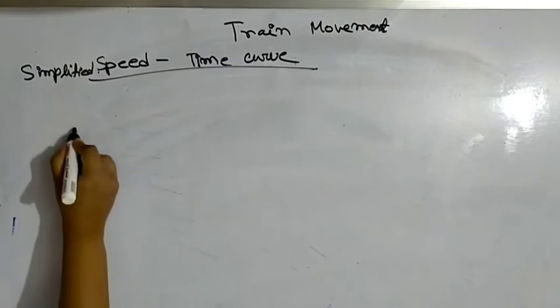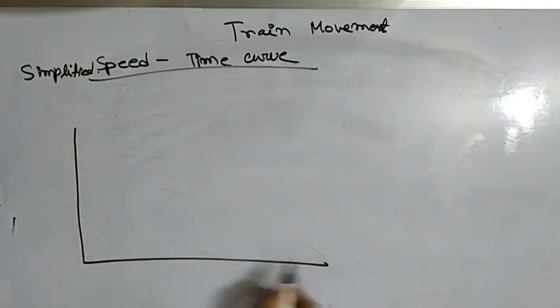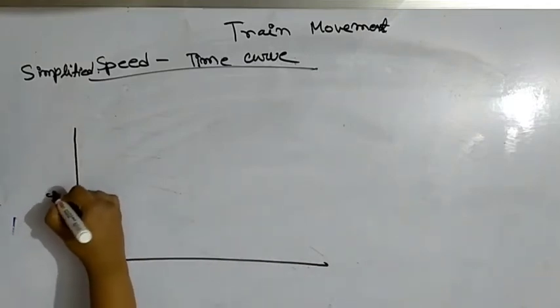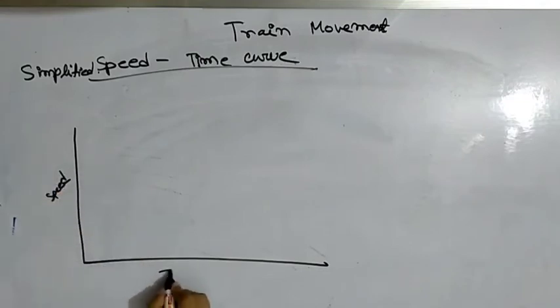So this axis represents speed and this axis represents time.